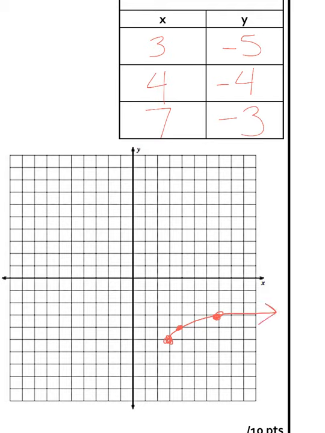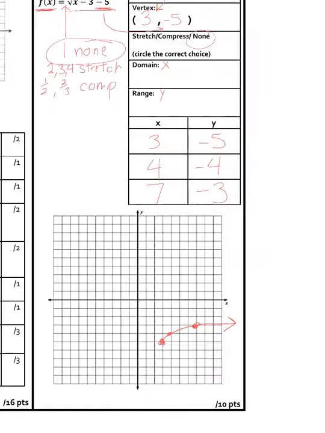All right, so we've got this little teapot shape over here, and then we can do domain and range. Domain is our x values. We always start on the left, and the very furthest left point is the x value from our vertex, which is 3.